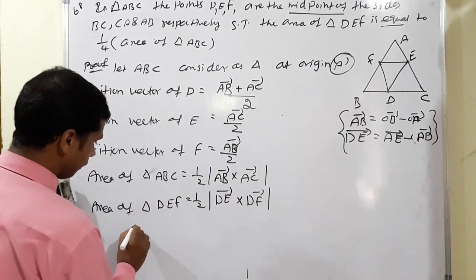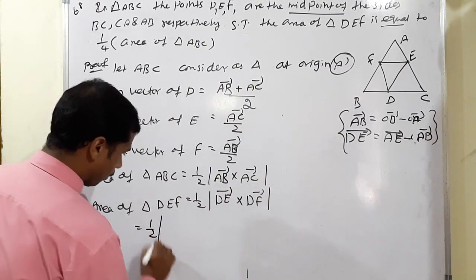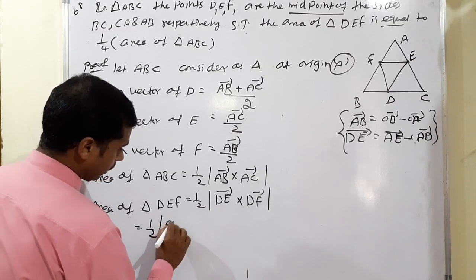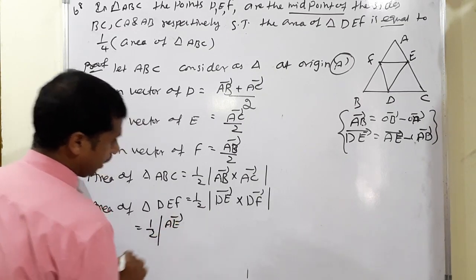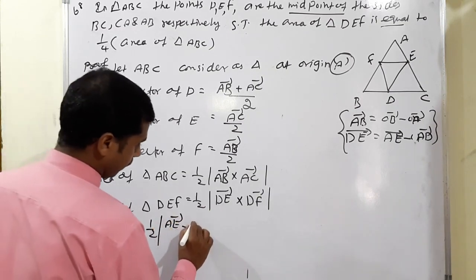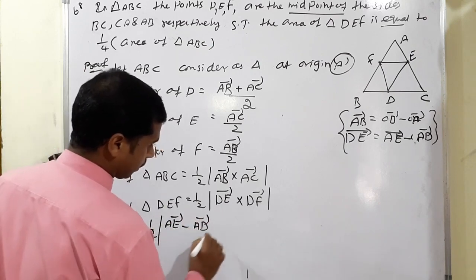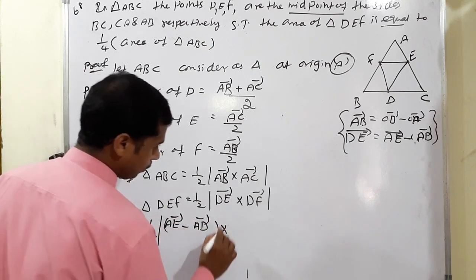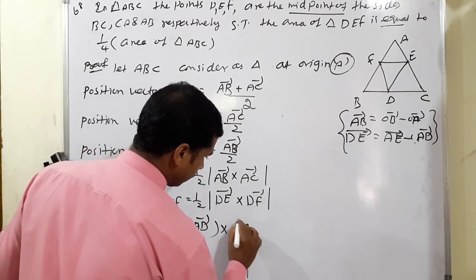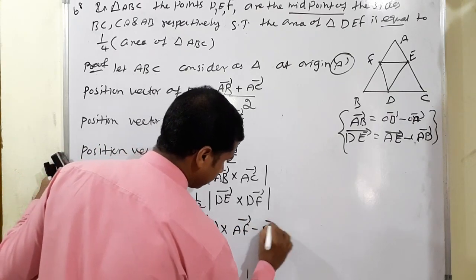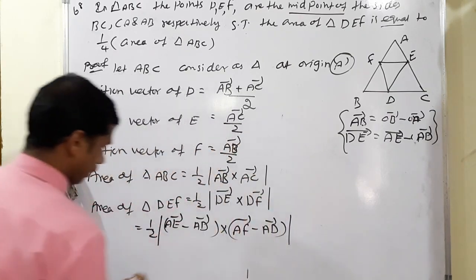Look at there, half into modulus of DE vector, we can take it as AE vector minus AD vector, then into DF vector, which means AF vector minus AD vector. Now what will happen?